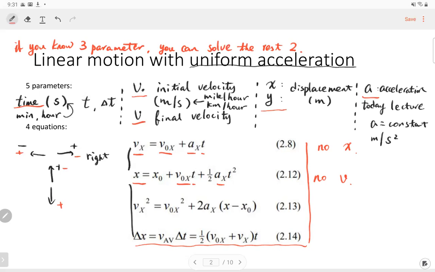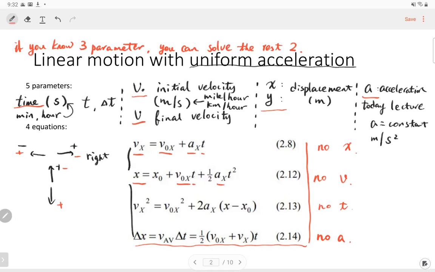The third equation has no time. So if the motion is too quick and you didn't prepare a timer to record the time, then you use this equation. The final one has no acceleration. If there's no acceleration, you pick the fourth equation.